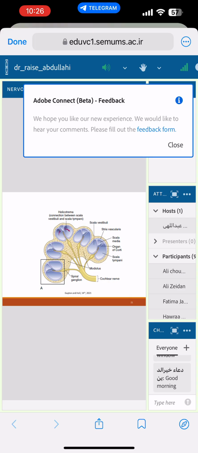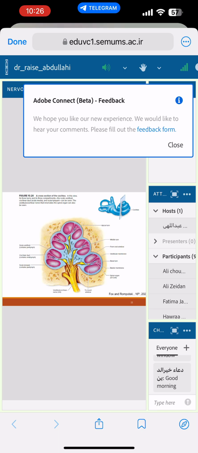This is the first tube, scala vestibuli. This is the middle tube, scala media, and this is scala tympani. This is Reissner membrane, and this is basilar membrane. And here we have the organ of Corti.